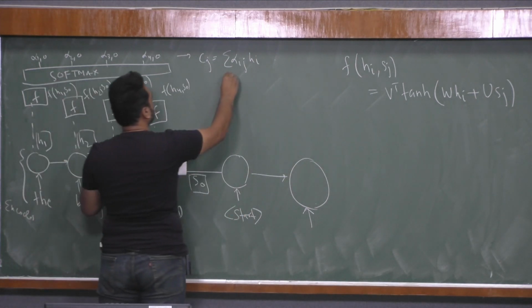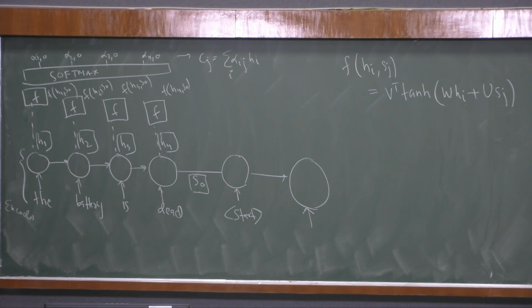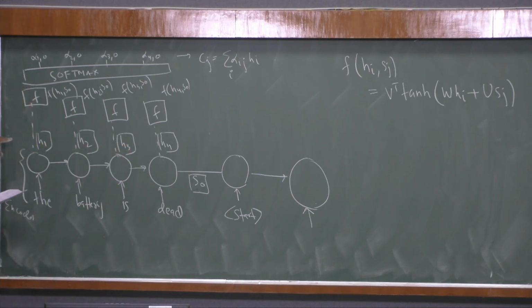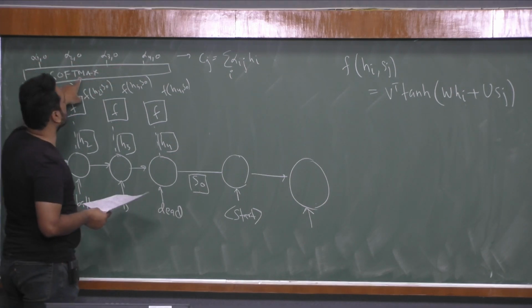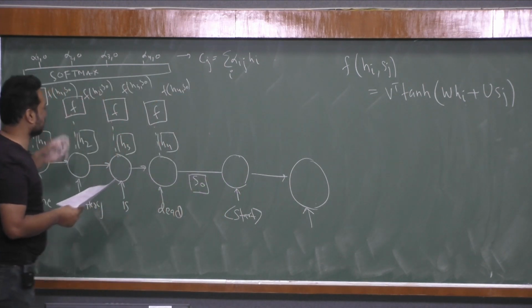So we have these hi's computed already, and these alpha i's are computed after the softmax, and based on this we compute a context vector.